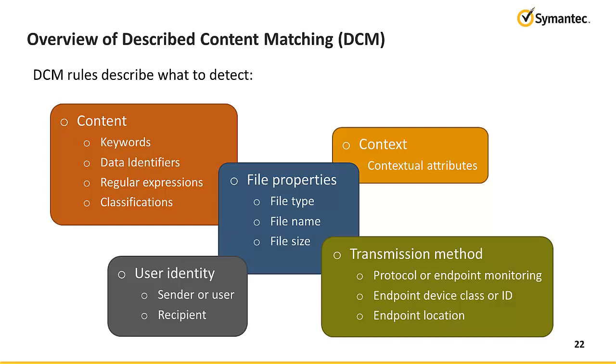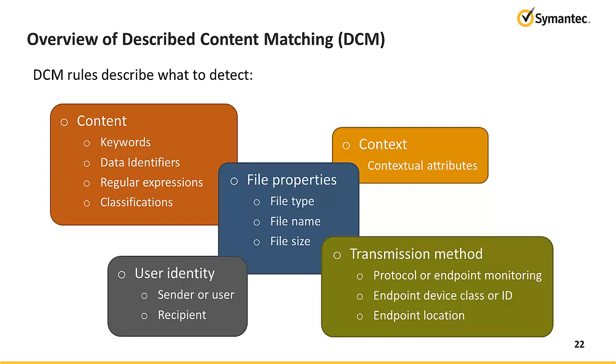These rules enable you to detect network messages based on the communications transport method, such as email, SMTP, FTP, or HTTP. Endpoint device class or ID detection rules detect when users move data from an endpoint computer to endpoint devices. The device class or ID names are those that appear in the computer's device management. Endpoint location detection rules enable you to specify whether the endpoint computer is on or off the corporate network.